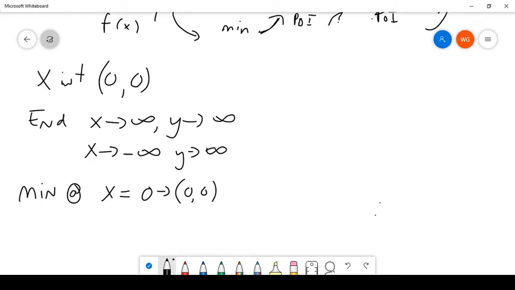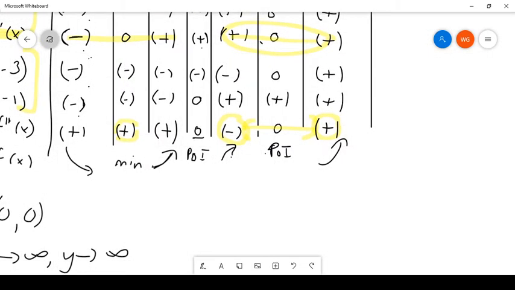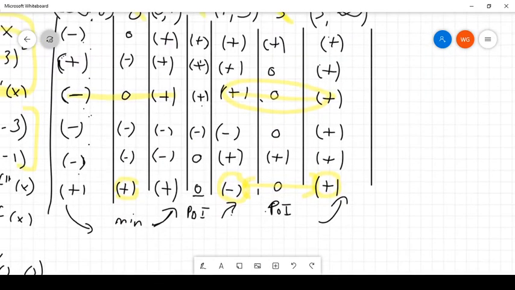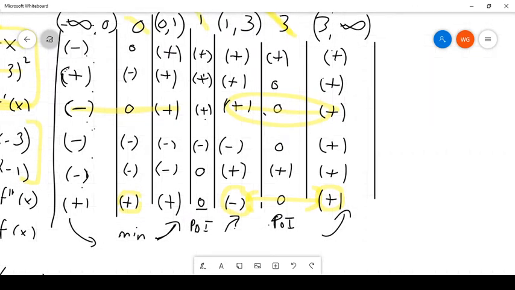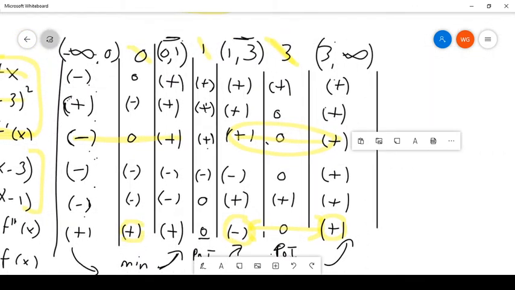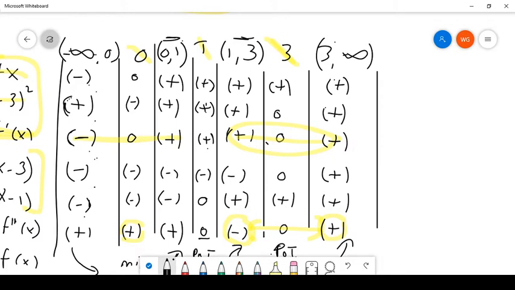Our chart also indicated that we had a point of inflection occurring where x was equal to 1. Importantly, the point of inflection did not have a 0 slope. If you examine the slope of the function at x equals 1, it's a positive slope, but there is 0 concavity.